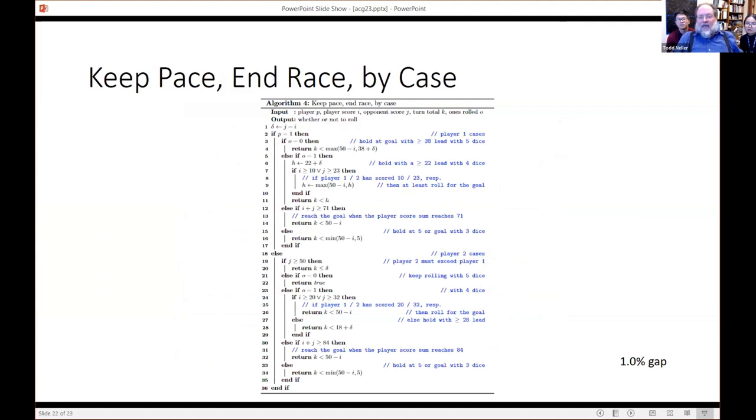This is a 1% gap, but quite honestly, this involves memorizing more cases and more constants than I would care to memorize in order to improve my win rate by just 1%. So the 0.5% gap would take even more, not quite double the number of rules, but such that I wouldn't expect anyone to be able to read it on a slide.